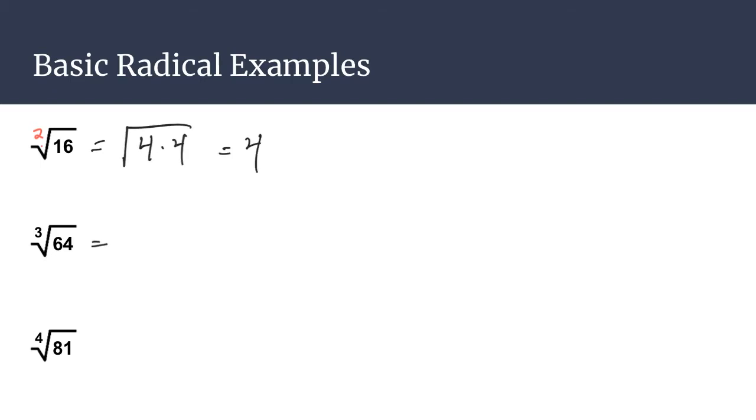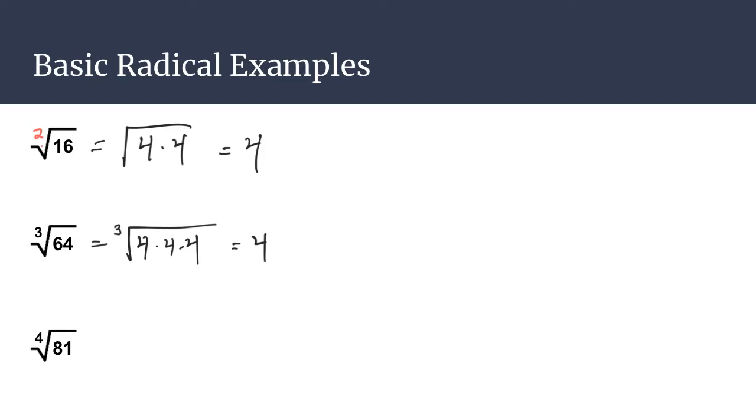So now for the second example, you have a cubed root of 64. So when we think about 64, well, we know, or we should know, that that is equal to 4 times 4 times 4. There are 3 of them in the cubed root, and so that's why that also simplifies to 4, because there are 3 different 4s inside there.